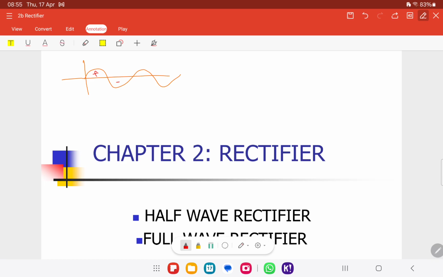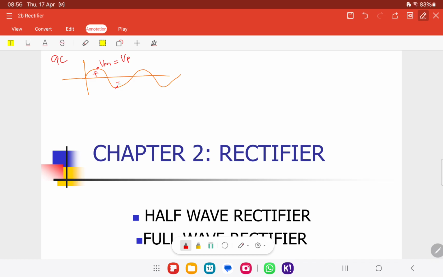So for the AC signal, AC power, AC voltage, since it is a sine wave, it must have an amplitude. The amplitude is Vmax. Vm, Vmax, or sometimes it is also equal to Vp, V at the peak.